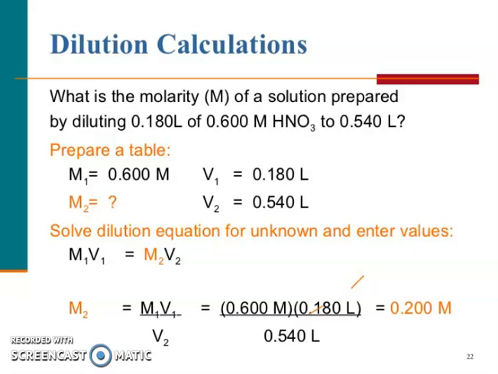Solve the dilution equation for the unknown. M1V1 = M2V2, so M2 is equal to M1V1 divided by V2. M1 is 0.600 M, V1 is 0.180 liter, and V2 is 0.540 liter. So it is equal to 0.200 molar solution.